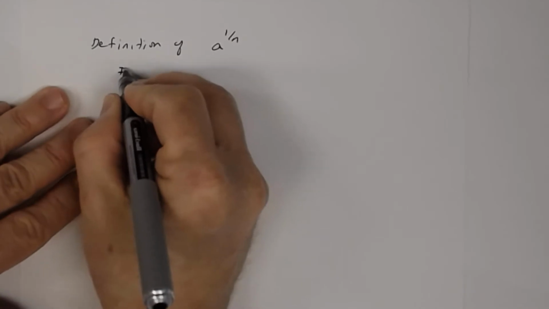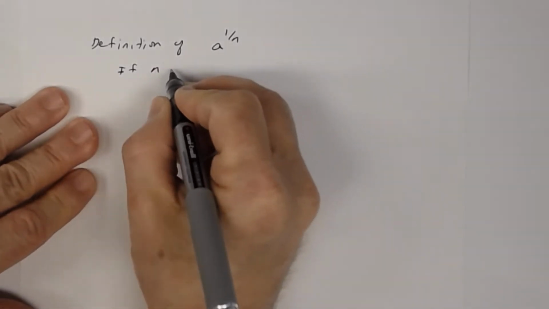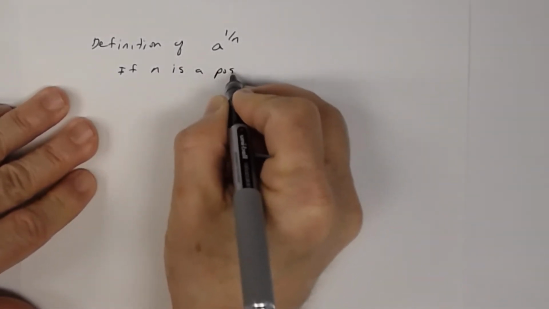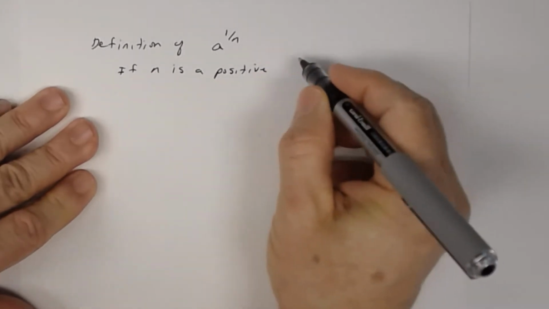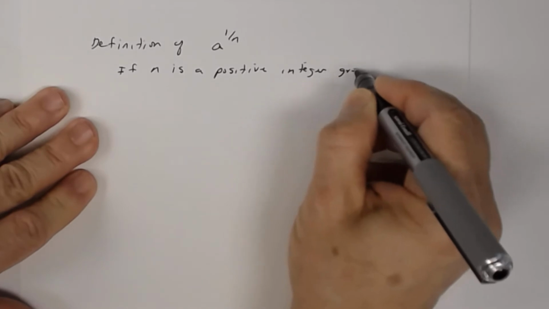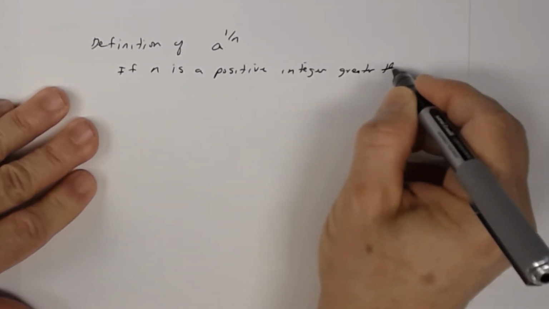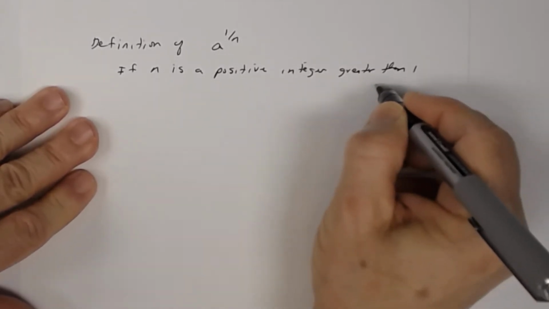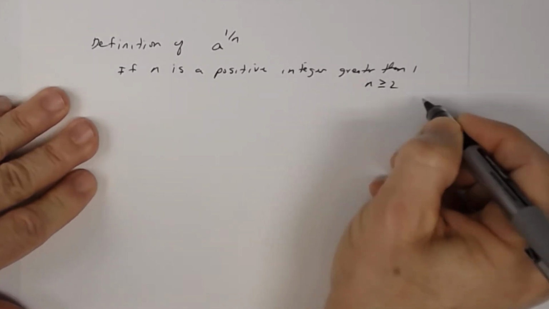So if n is a positive integer greater than 1, so meaning n is greater than or equal to 2.